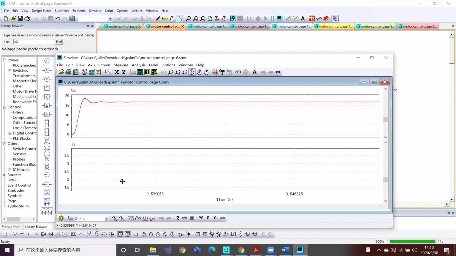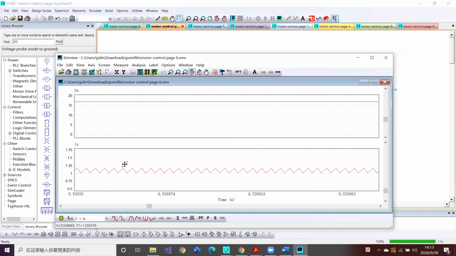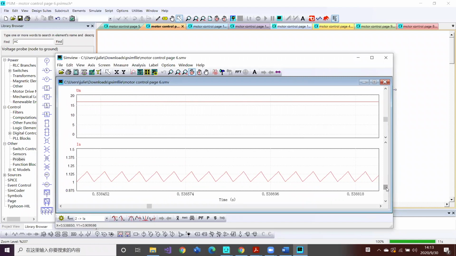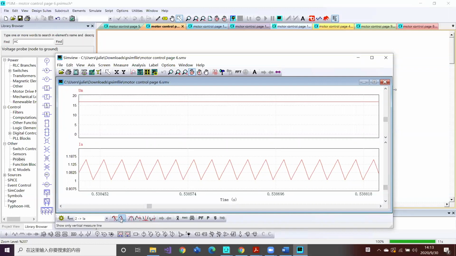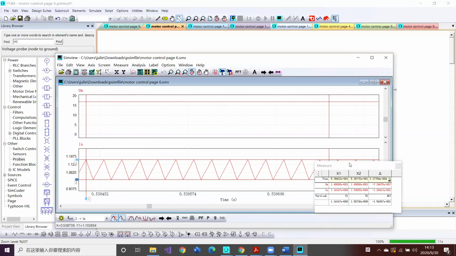Zoom in on that and pull out your cursor. Find the maximum and minimum value of your IA.